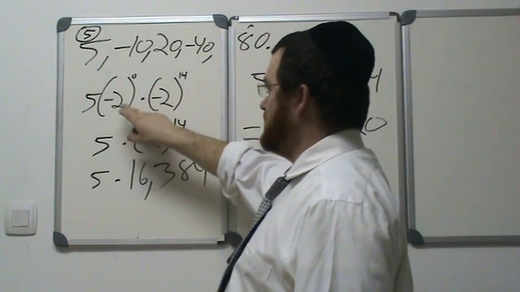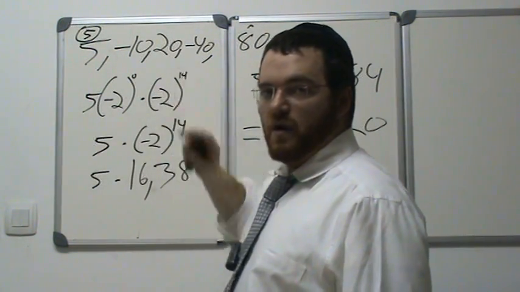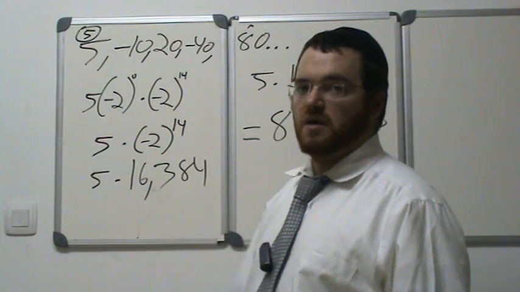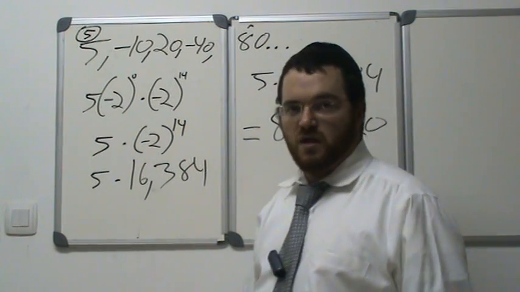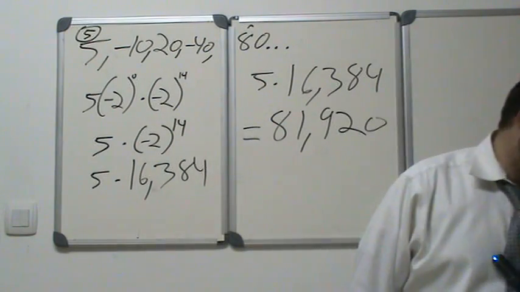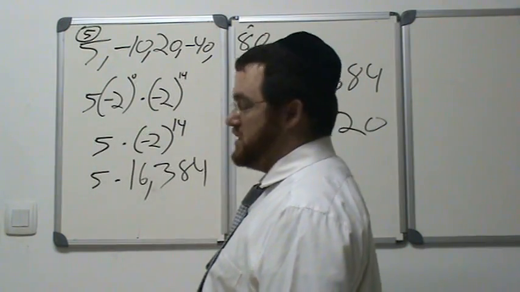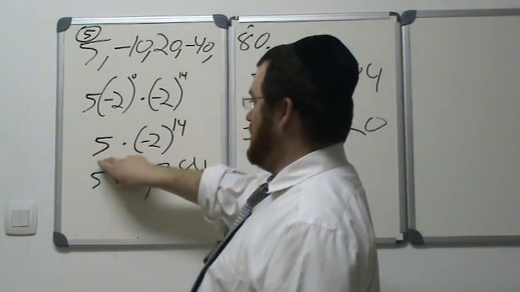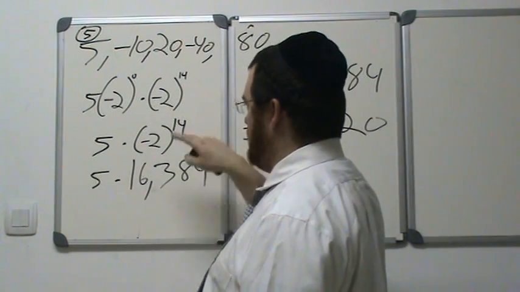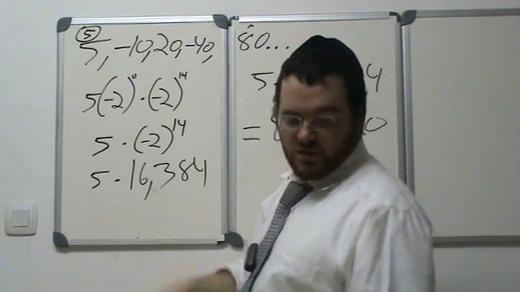You have to multiply 5 by negative 2 another 14 times to find the 15th term in the sequence. So the 15th term is 5 times negative 2 to the 14th power, because you already have 5 times negative 2 to the 0 power.